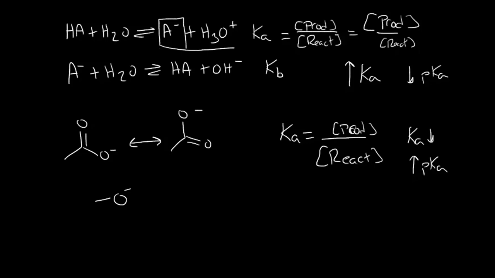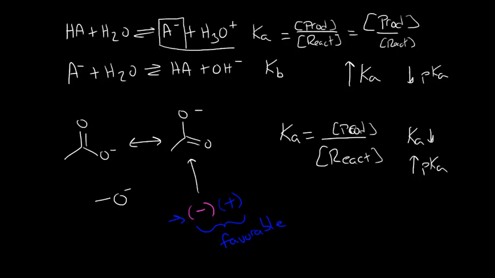Another way that we can create a stable base is to provide something else to stabilize it. As we can see here for our carboxylic acids, the basic form has a negative charge. And that's important because if we could bring a positive charge into close proximity with that, then according to Coulomb's law, this would be a favorable interaction. And favorable interactions will help stabilize the anion form of the molecule.